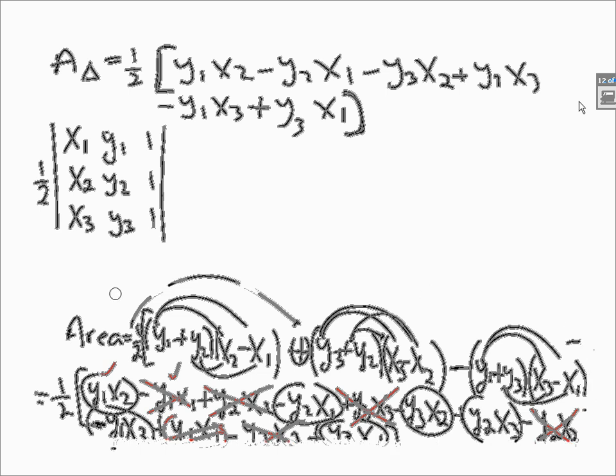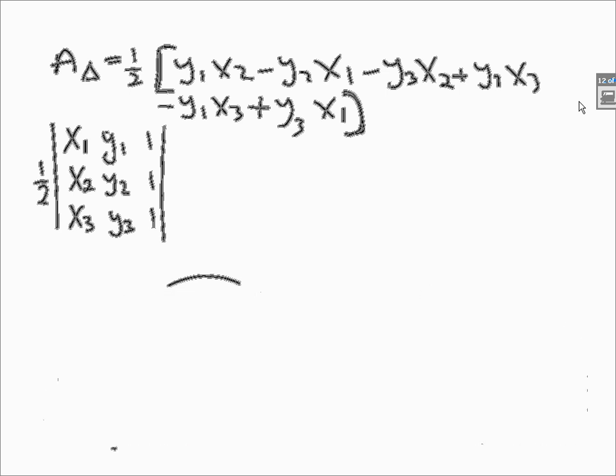Or should you? Is it 100% reasonable that you're going to get what's on top? And the answer is no way. I can easily see that we don't have to get the same answer.